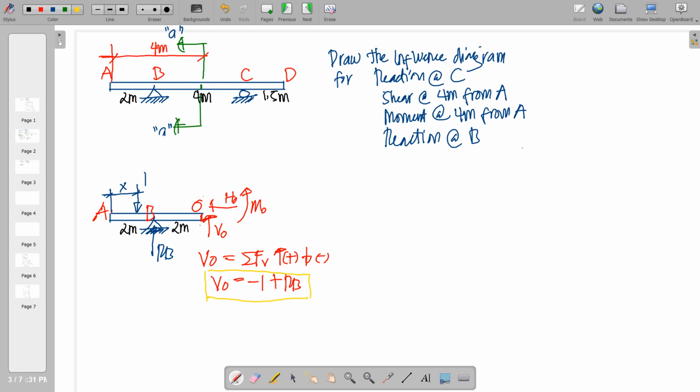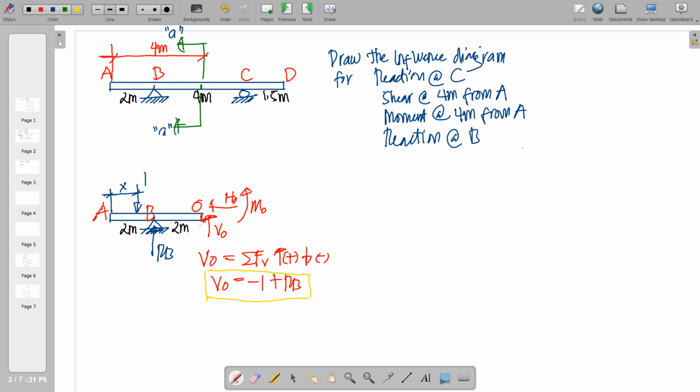So before we can tabulate VO here, we need to determine the equation for RB. And as we can see here in the beam, there will be a changing value for RB.